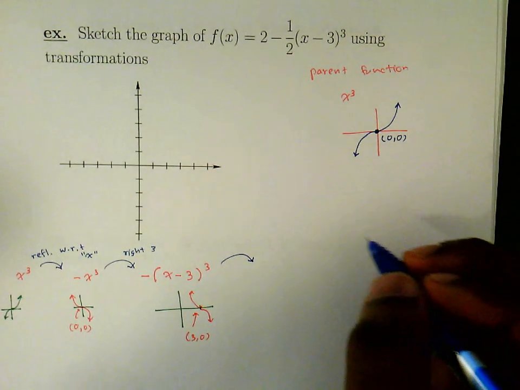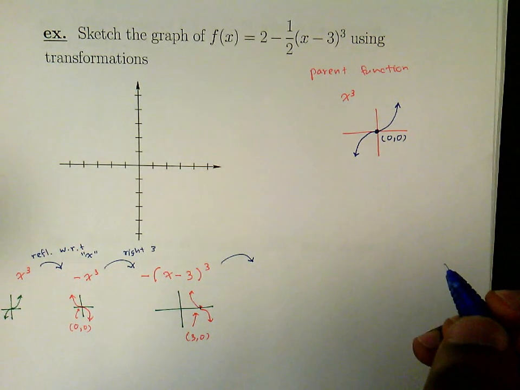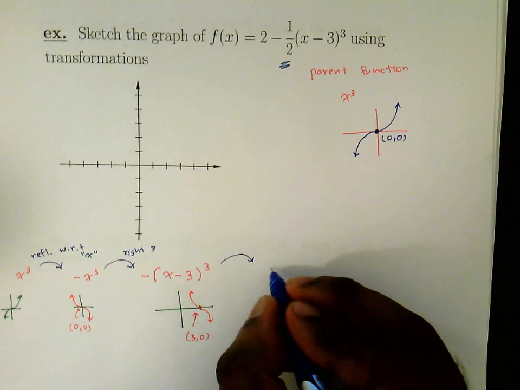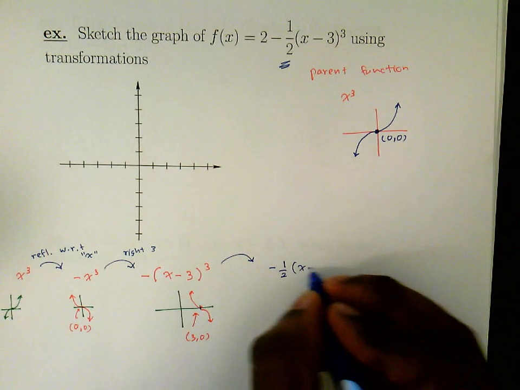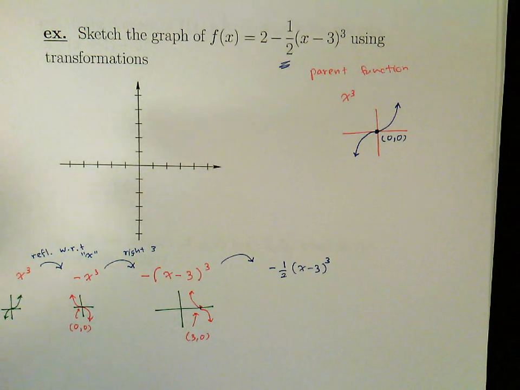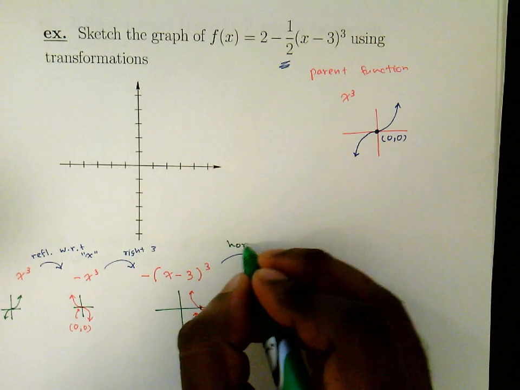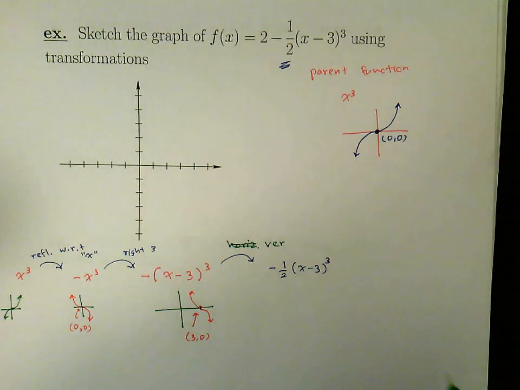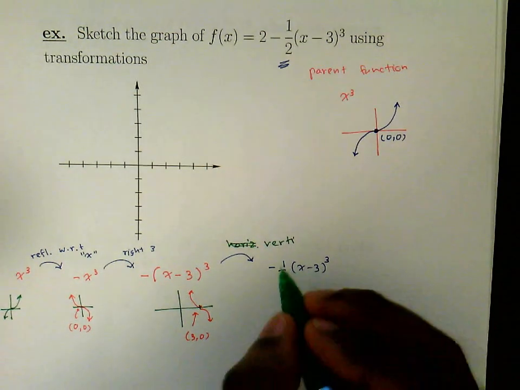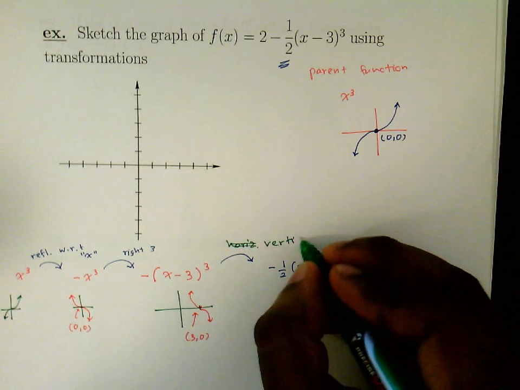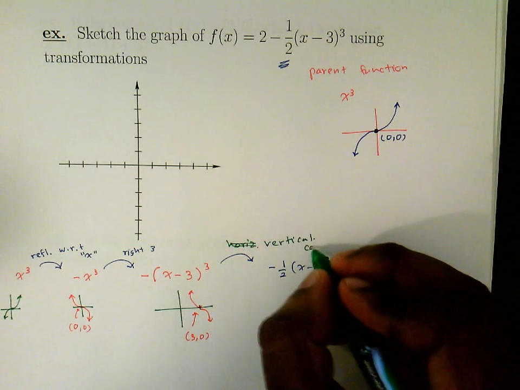Okay, now the next one would be that 1/2, this 1/2 right here. So negative 1/2 times x minus 3 cubed. Now that would be a horizontal stretch. Oh no, vertical, my bad, vertical, because you do it in front of the function, not in front of x, so it's vertical and it's a compression.